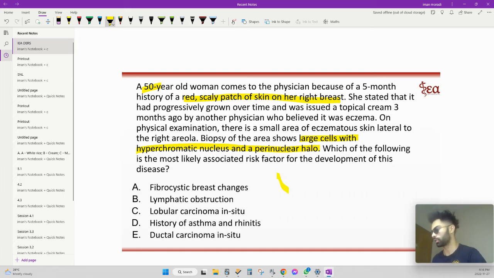Basically, when you have this breast, this is a nipple. Let's say this is a breast. This is like the ducts that produce milk, and this is the nipple, right? The ducts end at lobules, and these lobules actually produce the milk.